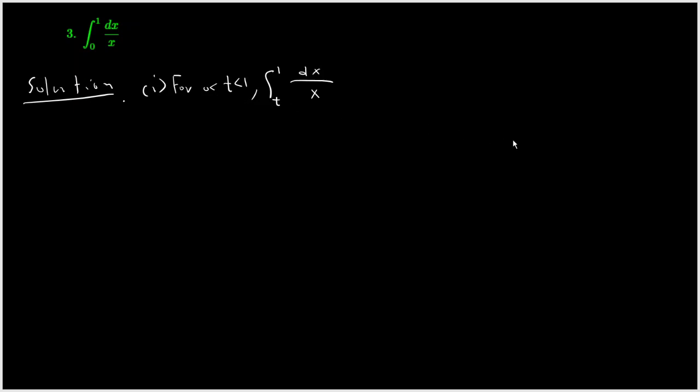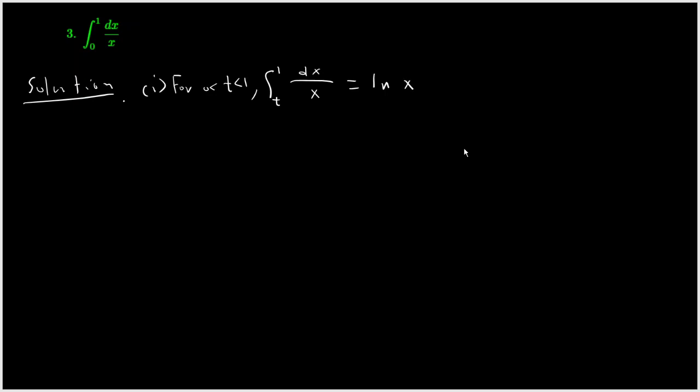We evaluate that. So this one should be simple, right? The definite integral from t to 1. All we need is to get a particular antiderivative of the integrand 1 over x. All of you know that. It's natural log of absolute value of x. This time I do not have to include the absolute value of x.